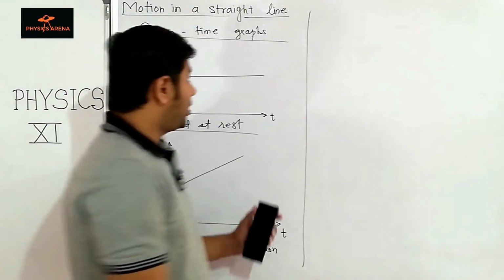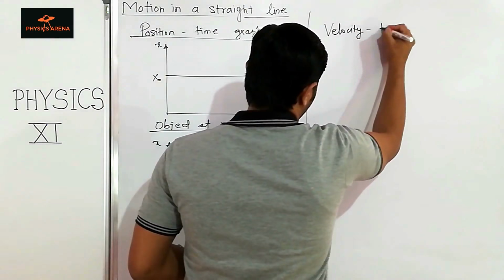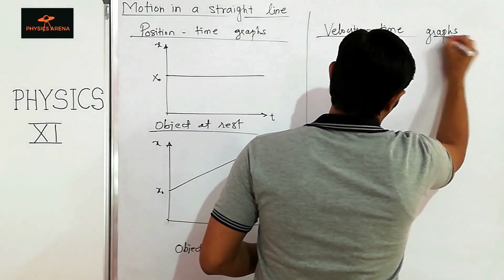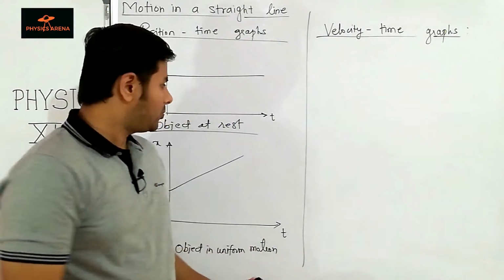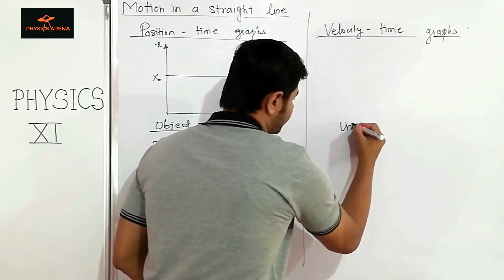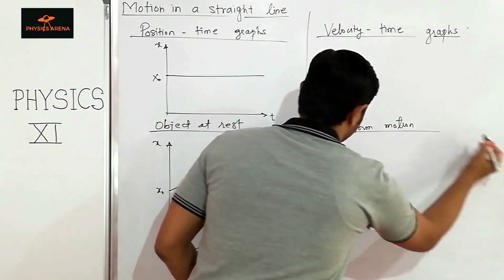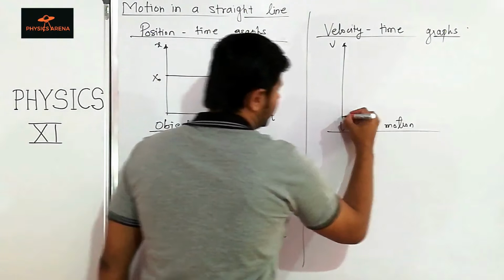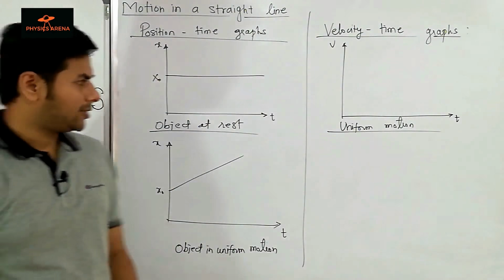Now we are going to plot velocity versus time graphs. So the first graph I will plot is for the case of uniform motion. Velocity on the vertical axis, time on the horizontal axis.